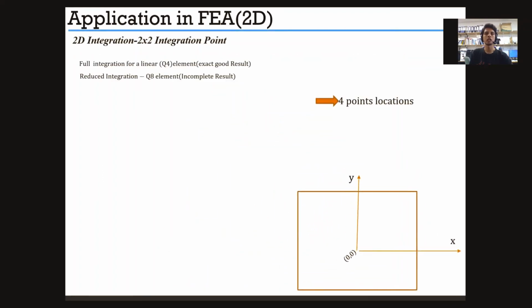How about the 2 by 2 integration points? In this case, full integration of a linear Q4 element will provide us the exact good result, and the reduced integration of Q8 gives a quite incomplete result.